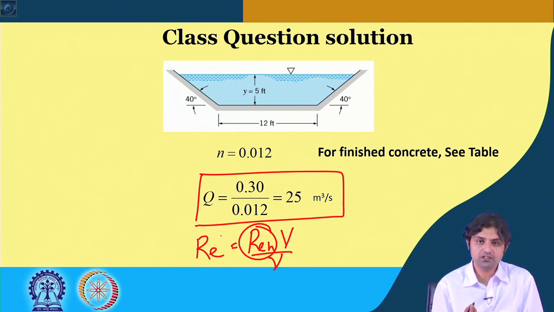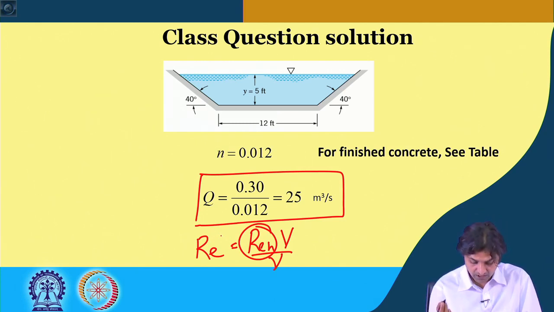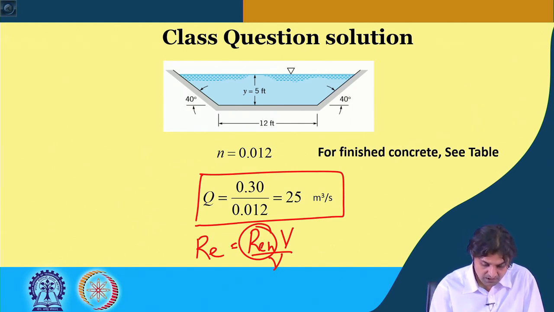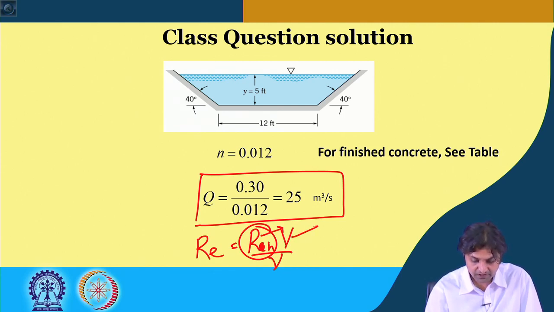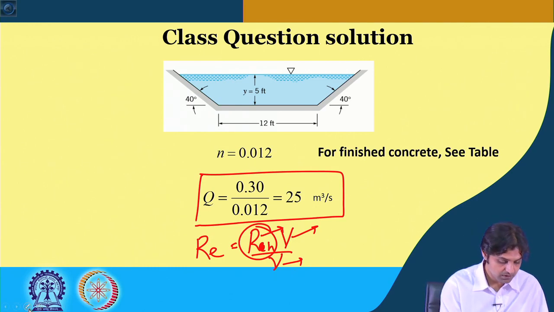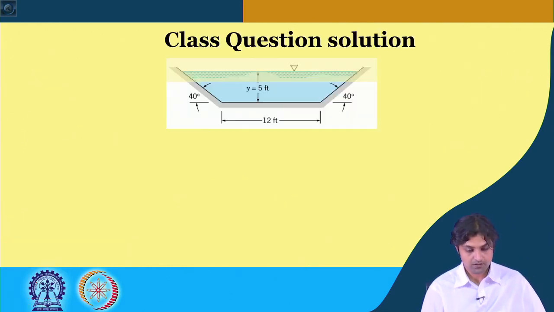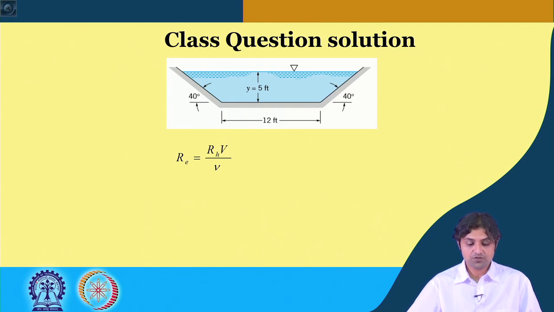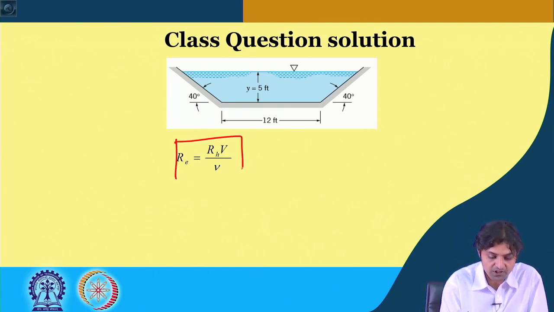Mostly it is the height, but in open channel flow it is hydraulic radius, RH into V by nu. RH we have calculated, V we know already. V is Q by area, and nu is a fixed quantity for water. So, Re is RH V by nu. This is an important formula that you must remember.